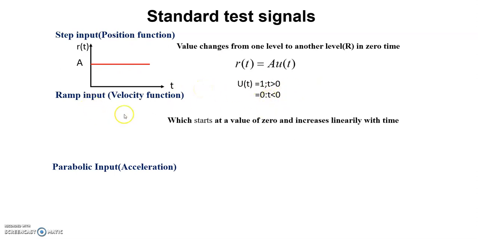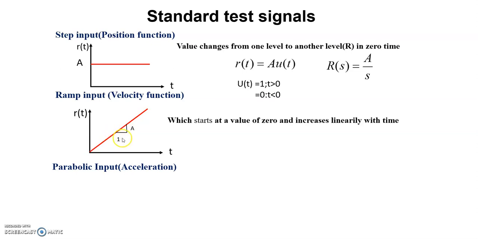Next one is the ramp, that is a velocity function, which starts at the value of 0 and increases linearly with time. The Laplace transform for the step input is A by S. Next, this is the graph for the ramp input, having the slope A and 1.